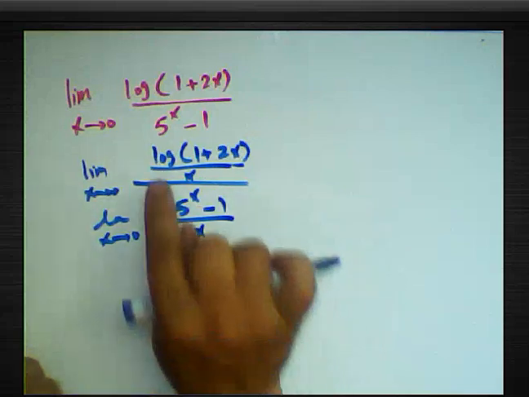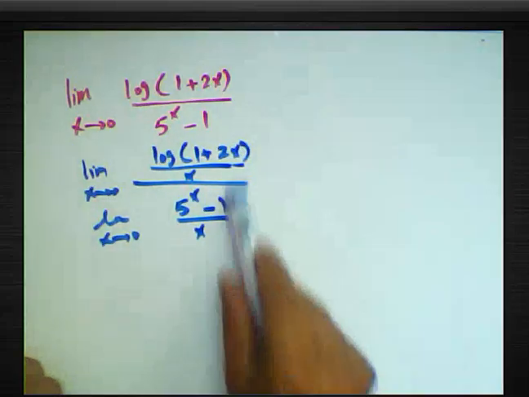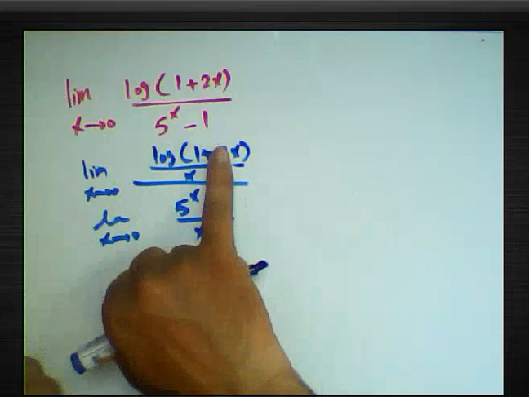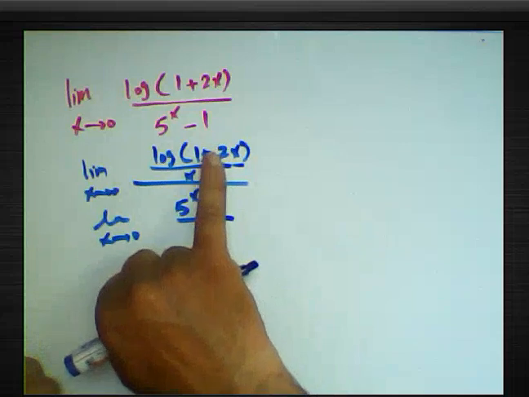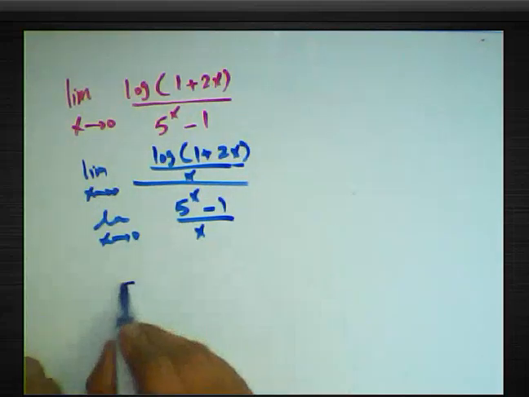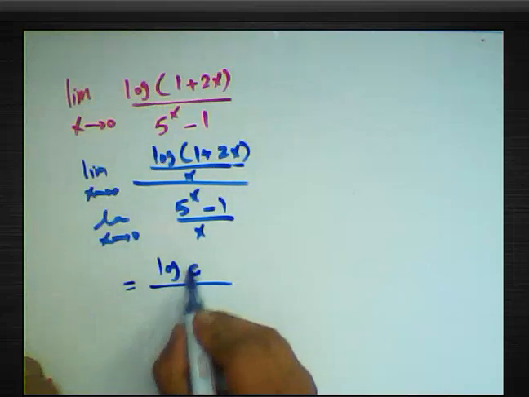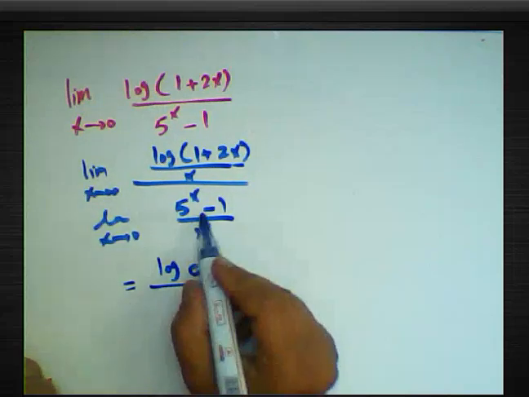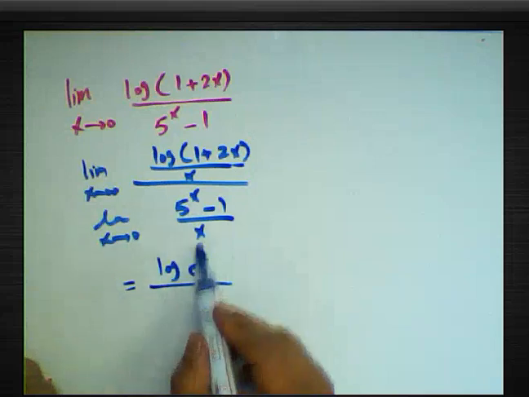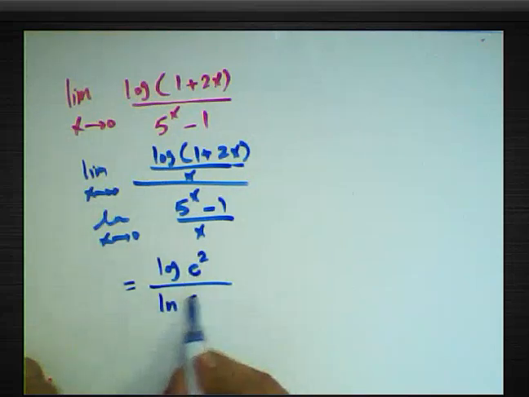About log e, if we cancel 2 here, the result will be log e. So the numerator will be log e to the power 2, and here (5^x minus 1) over x means ln 5.